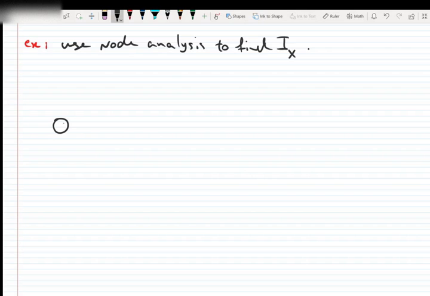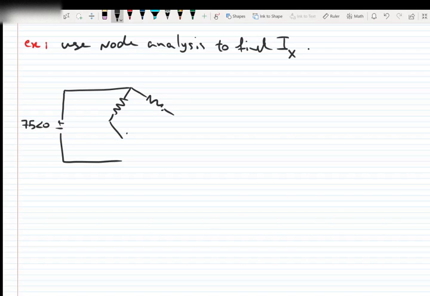We have a voltage source which has a phasor of 75 with the angle of 0. And the circuit is connected to resistors and capacitors and inductors.